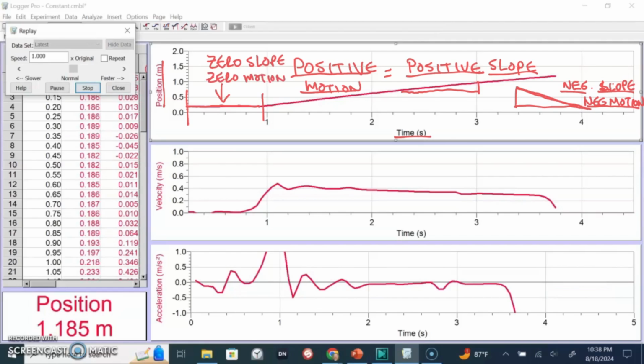At that point, the cart is just standing still. Now, if we look at velocity versus time, at this point where we have zero motion, we have a zero velocity.